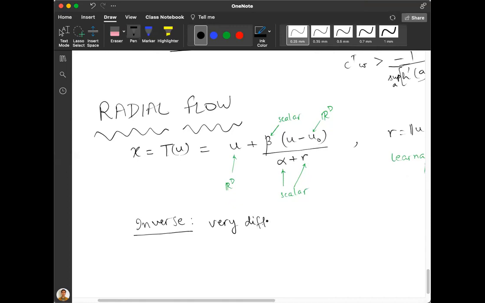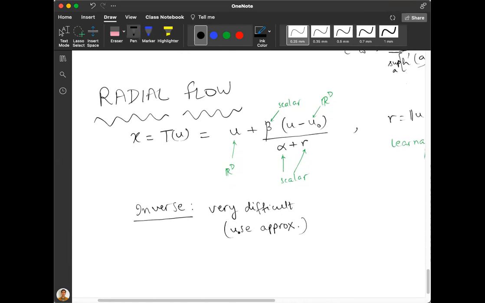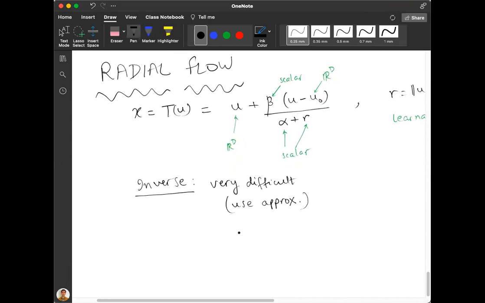Again, you will use some approximations. If at all you want to compute it, you have to use some approximations. But generally, people don't compute it. I told you that people use it in a clever way so that they don't need the inverse. Okay, now let's come to the Jacobian thing. What is the Jacobian of this?